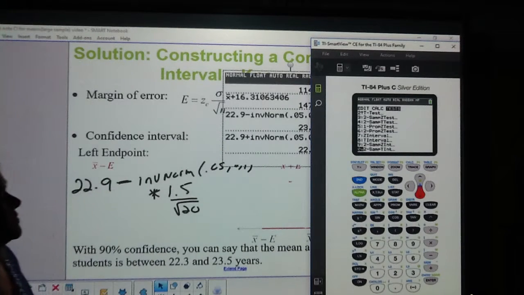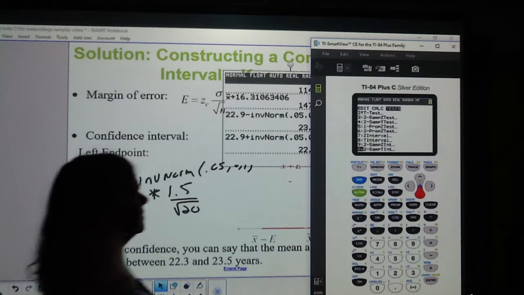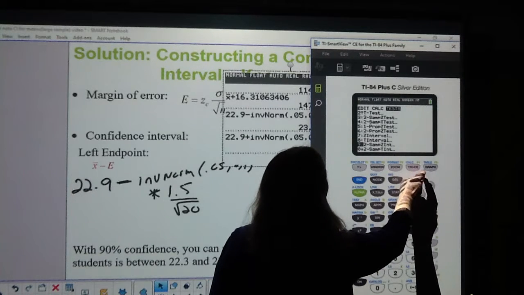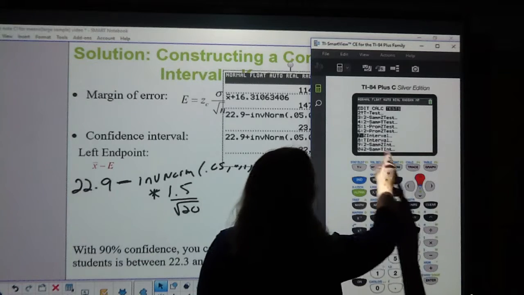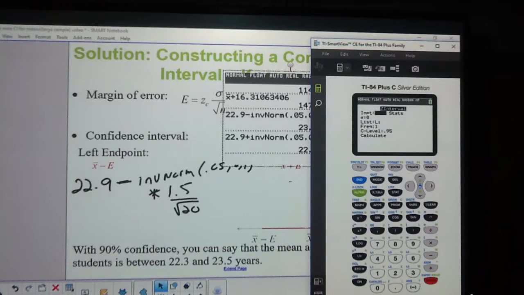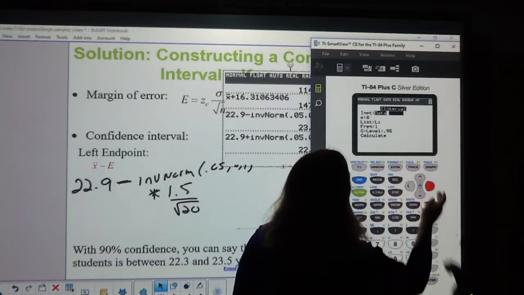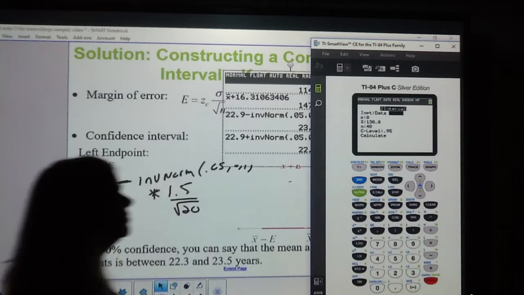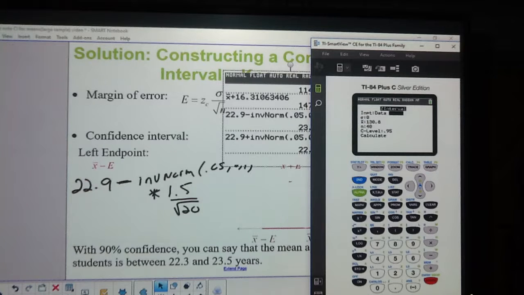There's Z intervals, there's T intervals, there's a bunch of intervals. This one is Z interval. If you have the raw data in your calculator, you'd hit data, like on the first example. But on this example, we're given the statistics, so you just do stats.